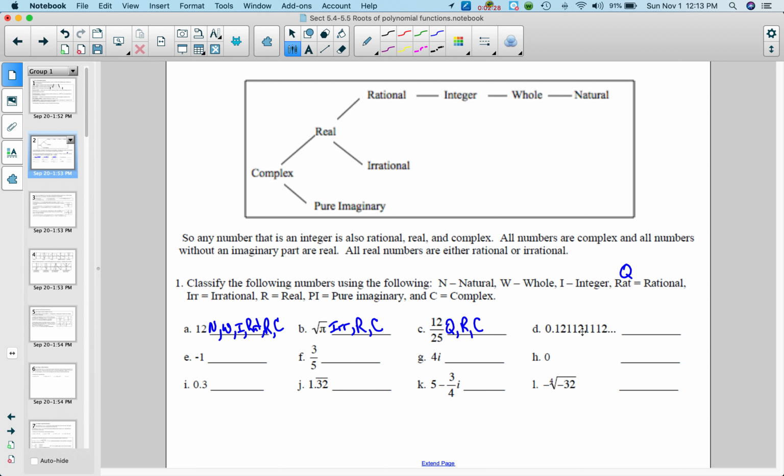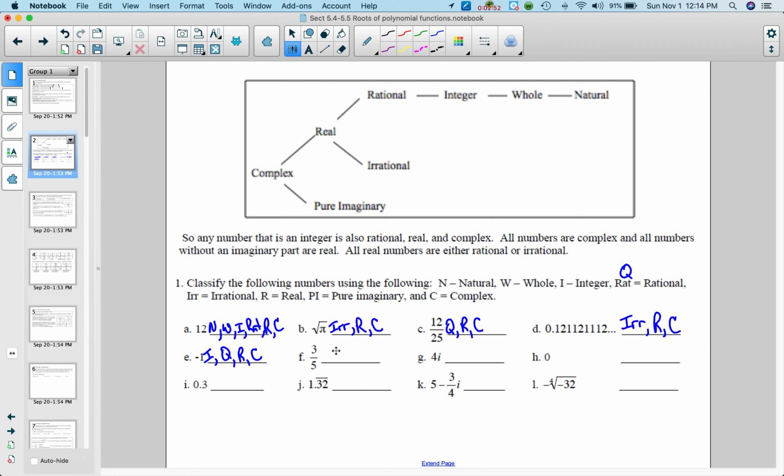And this one right here, even though you want to look at this and think, oh, it's repeating, it's not. There is a pattern, but it's not a repeating decimal. So this is actually irrational, real, and complex. -1 is an integer, so we'll start there. So it's an integer, rational, real, complex.